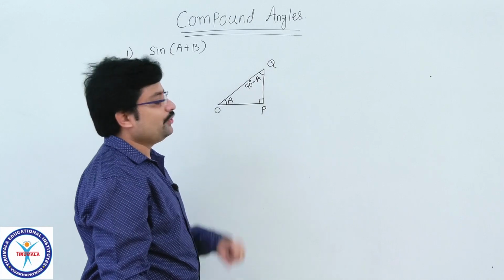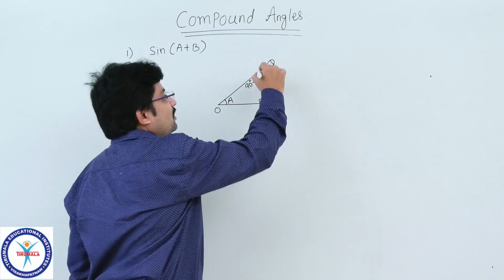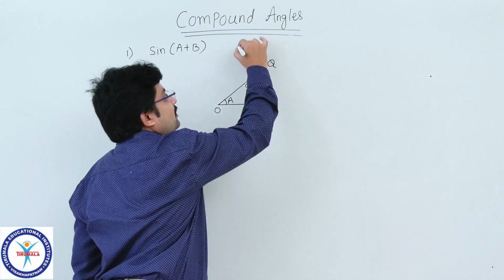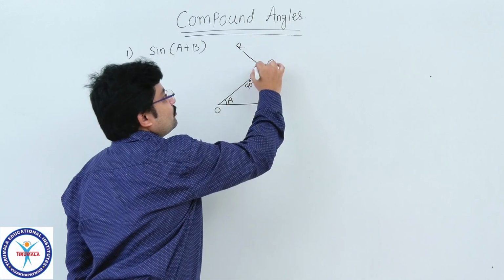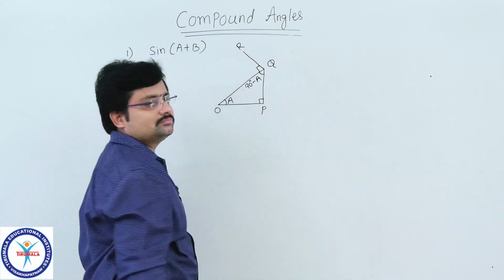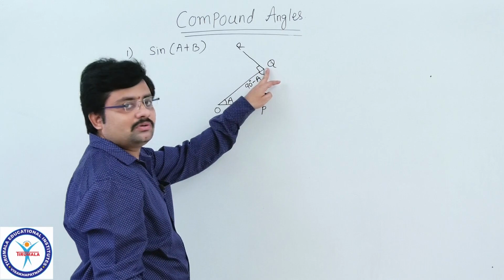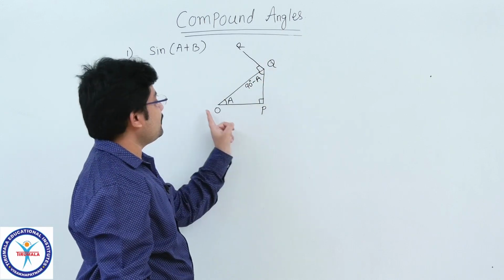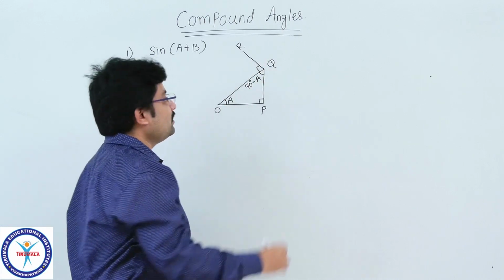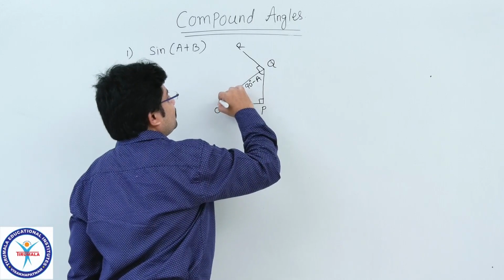Now, from Q, draw QR perpendicular to OQ and join OR.